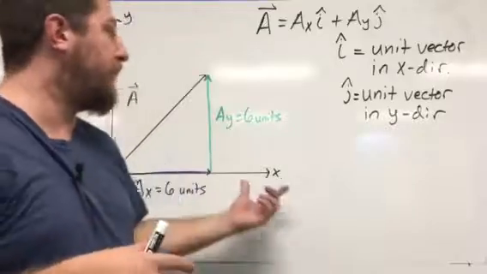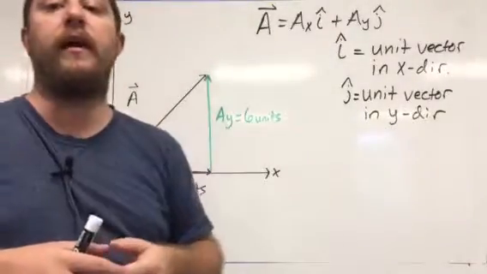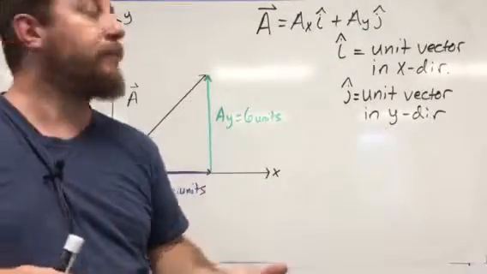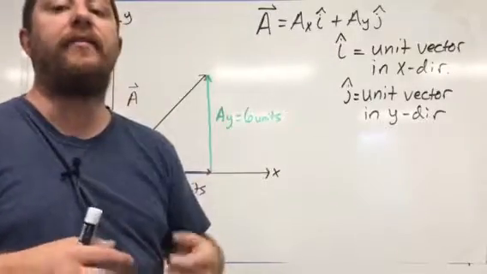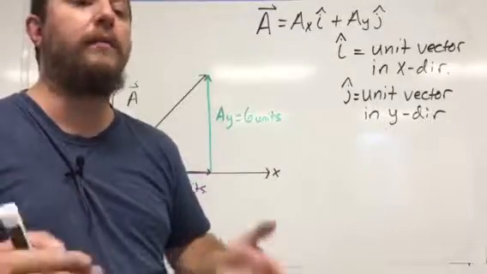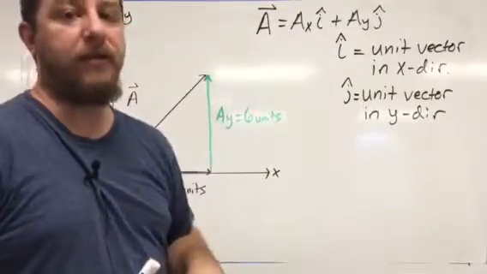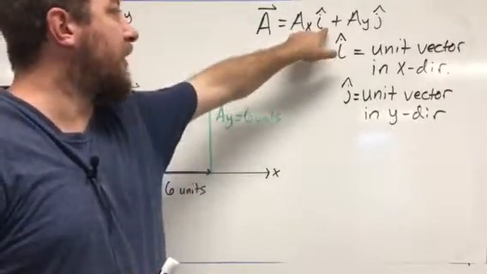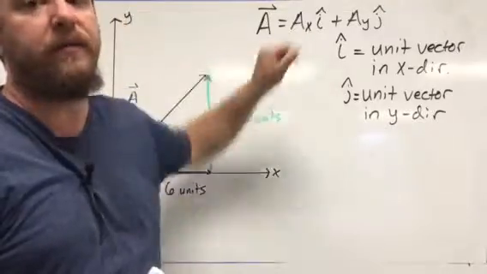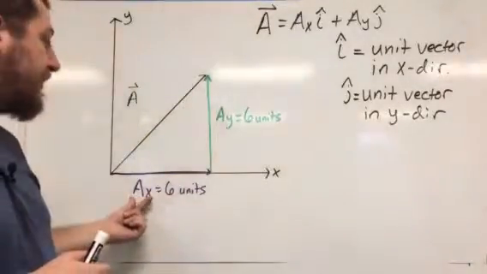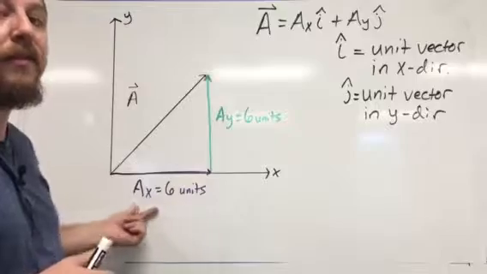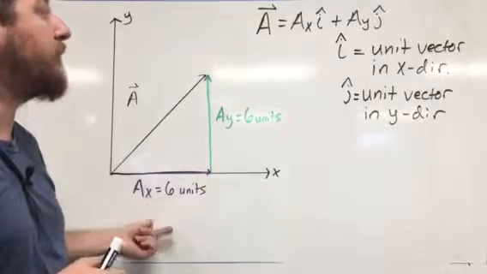So for instance, if your axes are in velocity of meters per second, then your unit vector would have a magnitude of 1 meter per second in the x direction and in the y direction. So it essentially assigns the direction to the magnitude of ax. So ax, the symbol ax, is just a magnitude. It does not have direction associated with it.